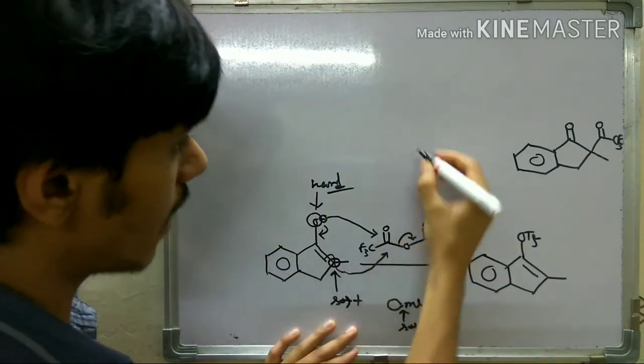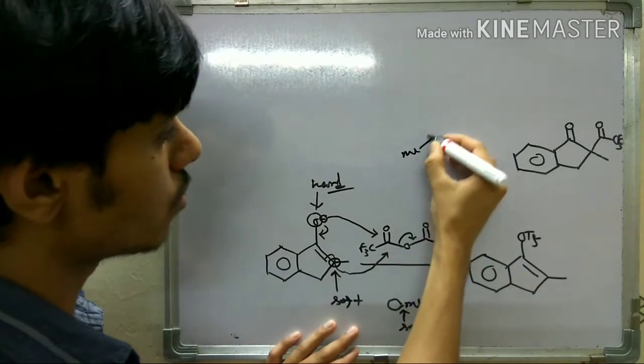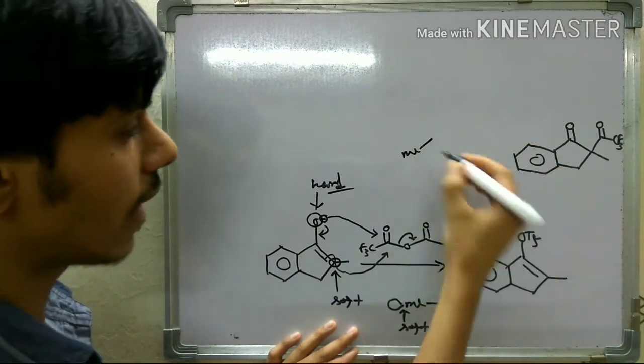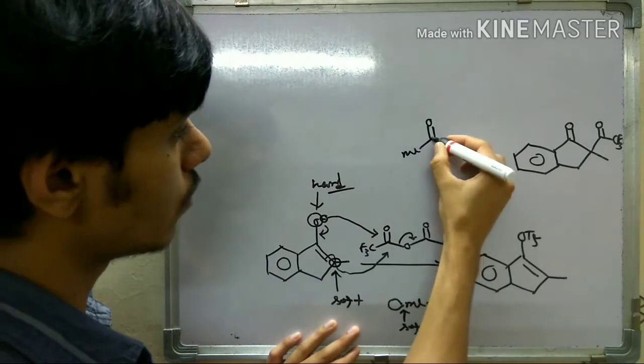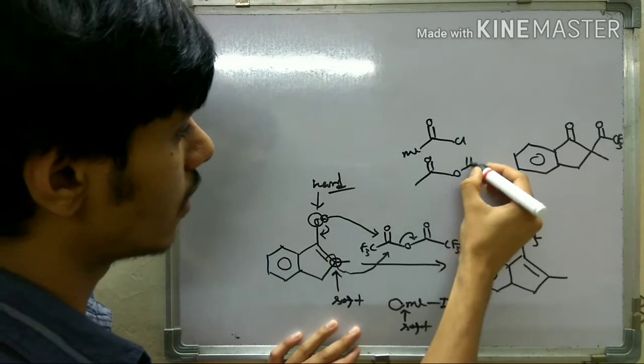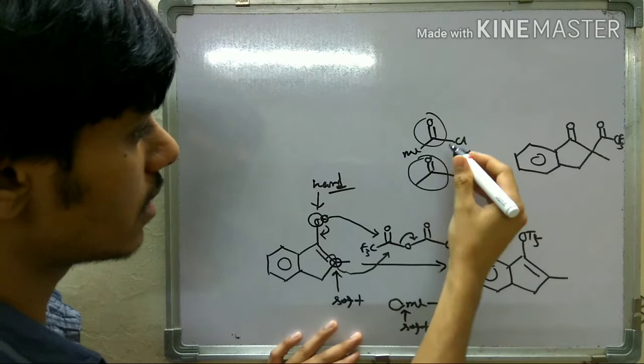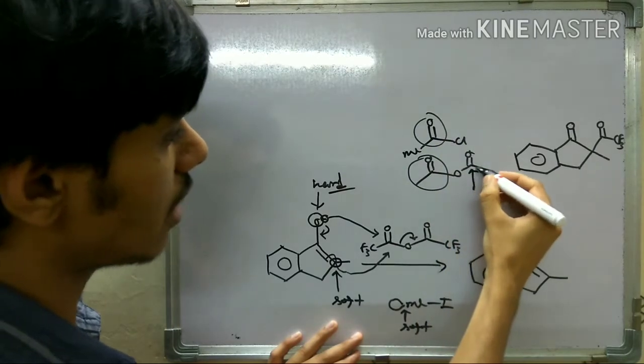But when you are using an acylating substrate, in this case triflic anhydride, though you can also use acyl chloride or normal acid anhydride, the electrophilic center is this carbonyl group.